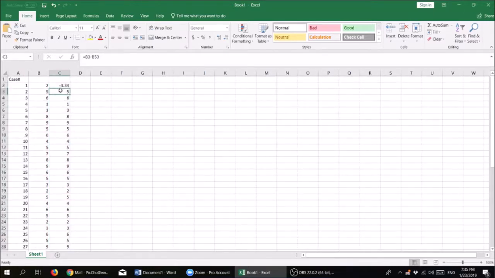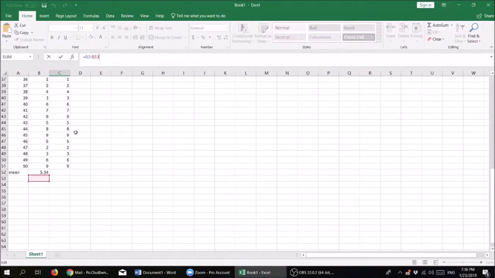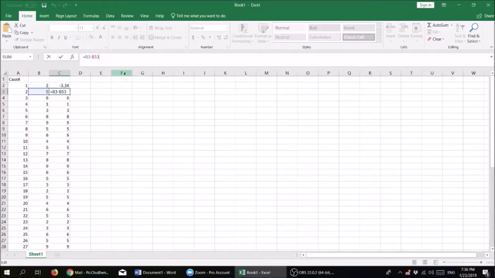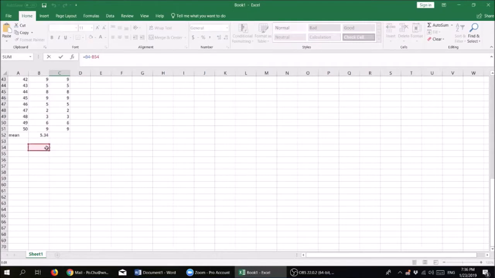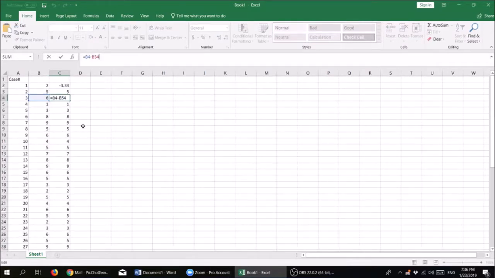Because look at the second one, it becomes this cell minus B53, which is the cell below the cell you just selected. Now if you come to this cell, it becomes this cell minus the cell even below. So Excel has this annoying thing, so you don't want to do that.